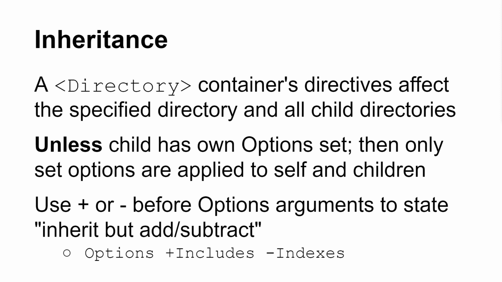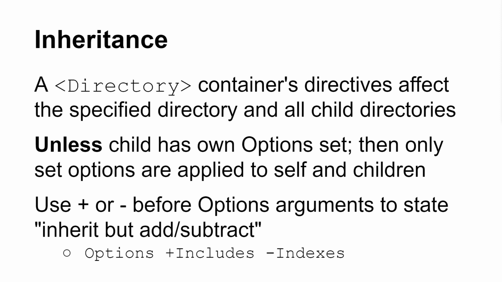So unless a child has their own options set, they will just use the same options and permissions and privileges as the container that they were installed inside of previously. You can do things like use a plus or a minus to inherit the basic settings, but also add or remove particular settings there as well.